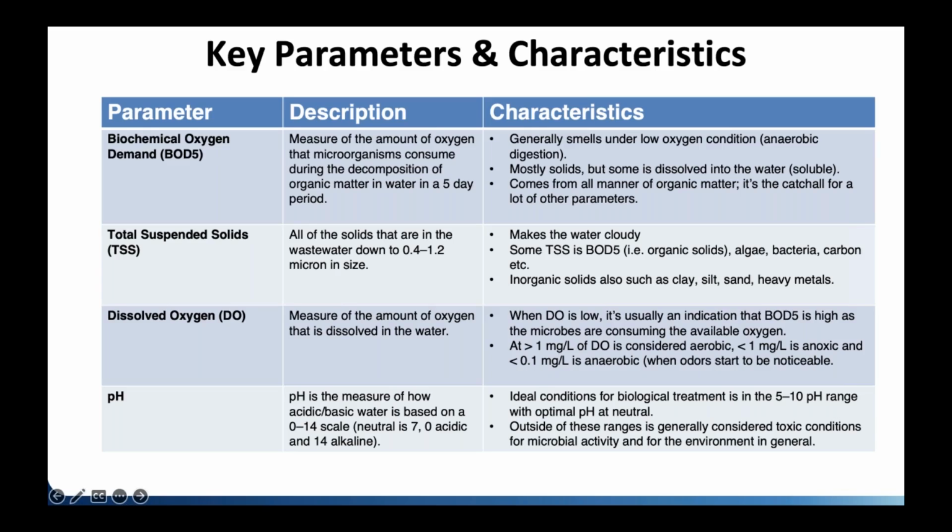The next one is total suspended solids, or TSS. All this is, you get a wastewater sample and you jam it through a 0.4 to 1.2 micron filter, okay? What stays on one side of the filter are the solids. What passes through to the other side is the water.